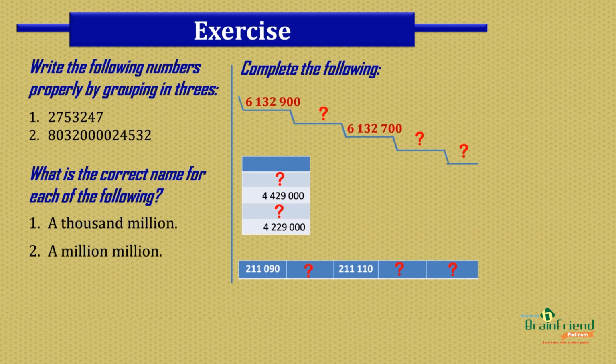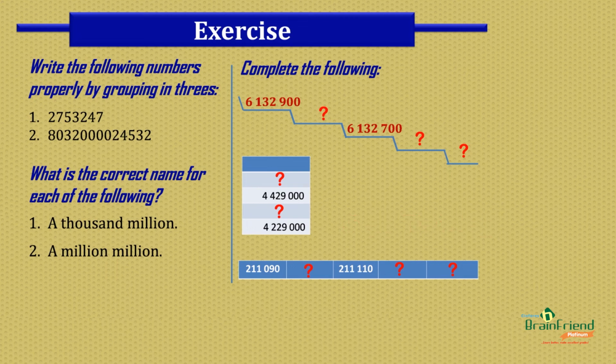The next instruction says, what is the correct name for each of the following? Number 1, 1,000 million. 1,000 million is the same as 1 billion. Question 2, a million million. A million million is the same as 1 trillion.